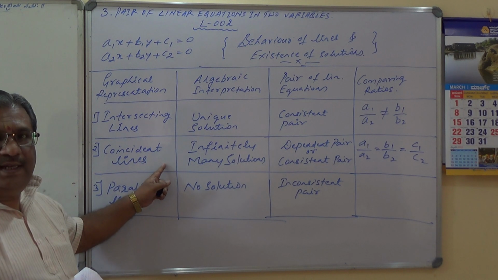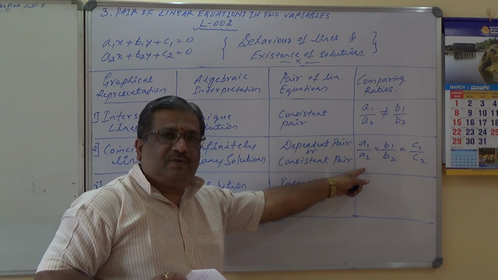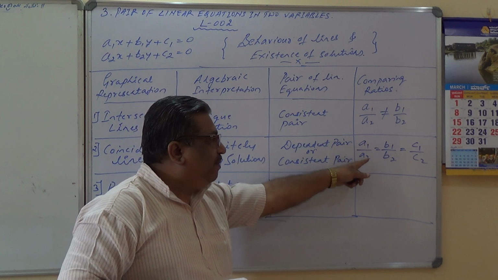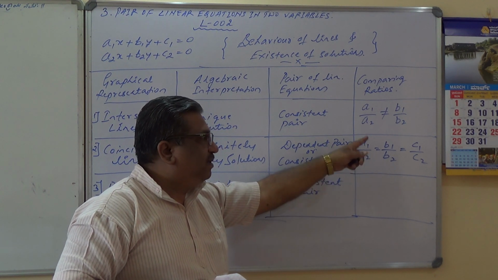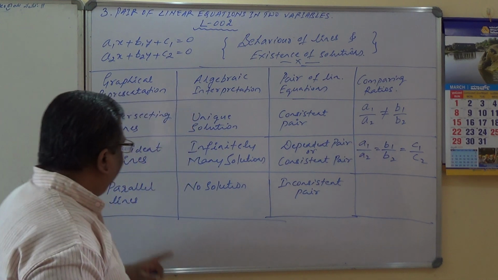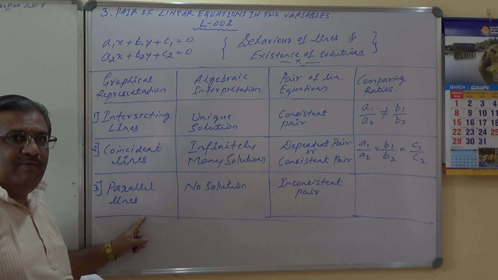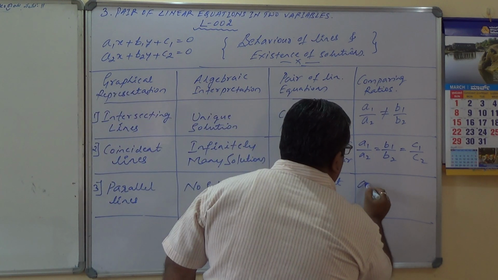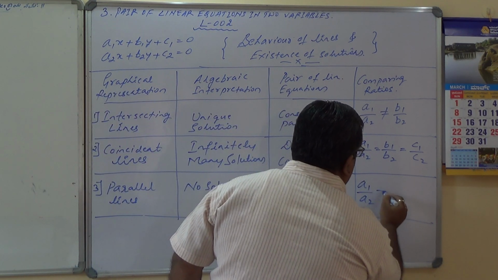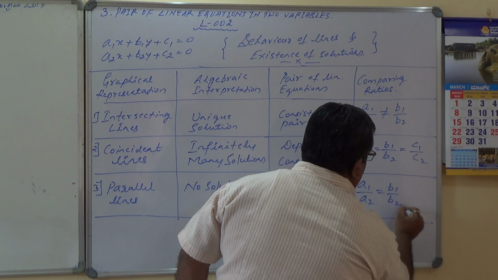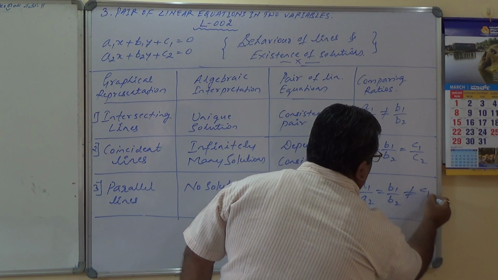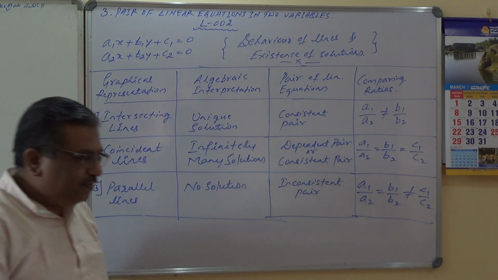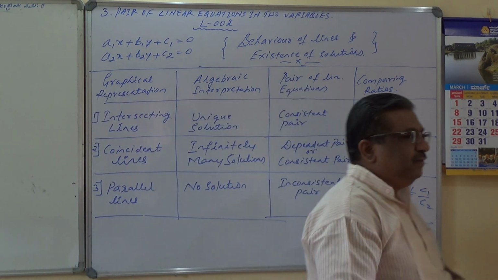For coincident lines, if we take the ratios of the two equations, you find that a1 by a2 equals b1 by b2 equals c1 by c2. For parallel lines where no solutions exist, the ratio would be a1 by a2 equals b1 by b2 is not equal to c1 by c2. You must note it down.